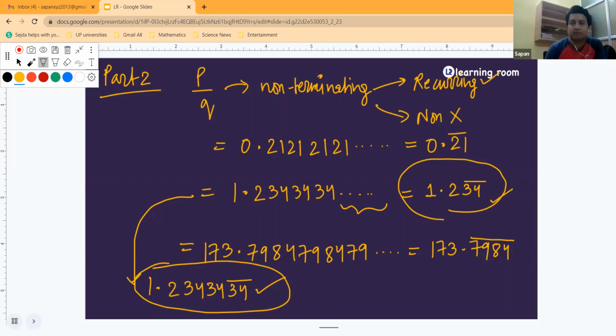For non-recurring you just have to place dots after that. So this method which you see by putting the bars is only for recurring numbers. It does not have anything to do with non-recurring numbers. Any questions in this? No, sir. Very good.